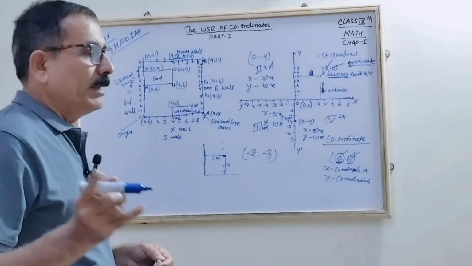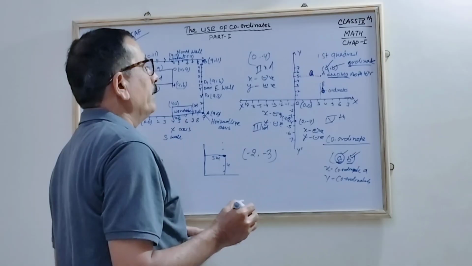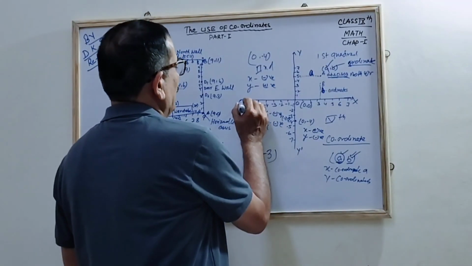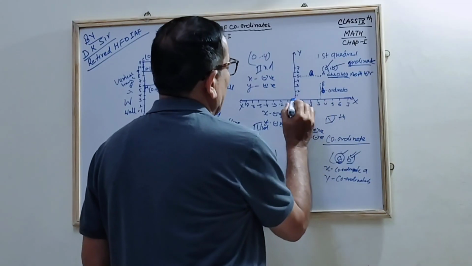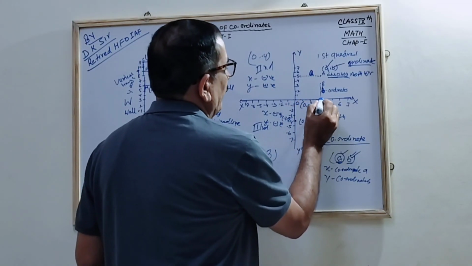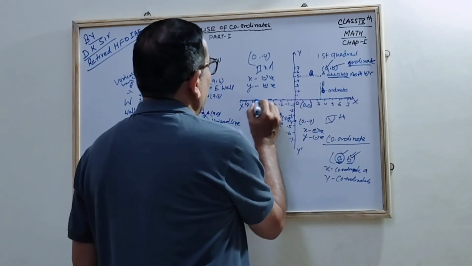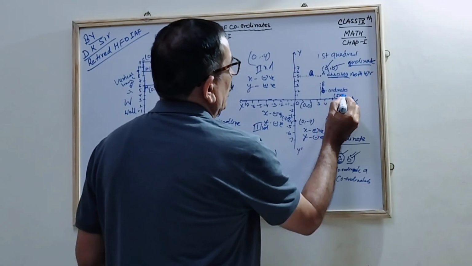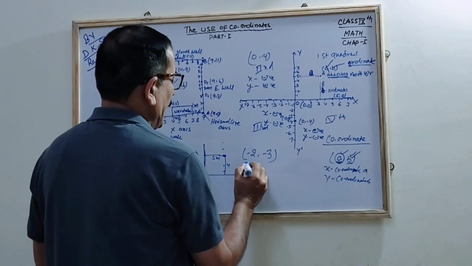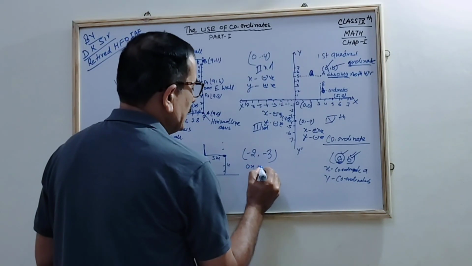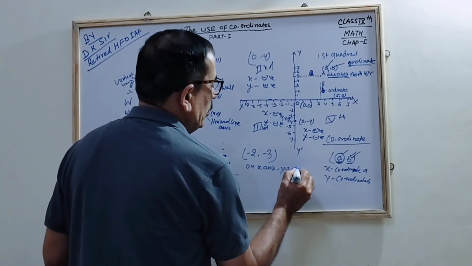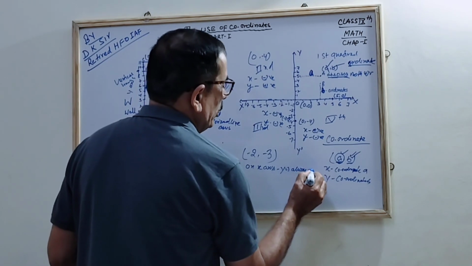Remember a few points you must remember. What are the points? On the x-axis, the value of x keeps varying. Suppose if I take this point, we can write 5, but y is 0. On the x-axis, y is always 0, correct?